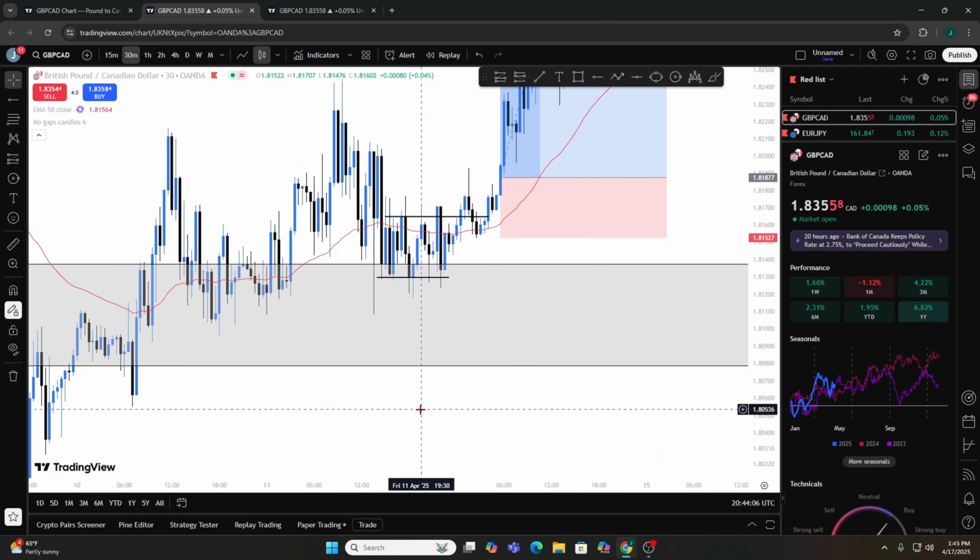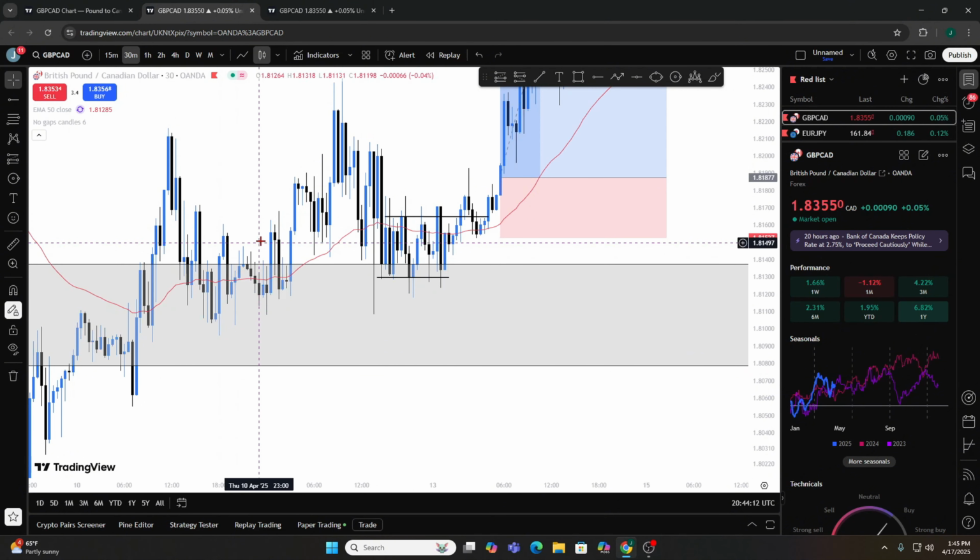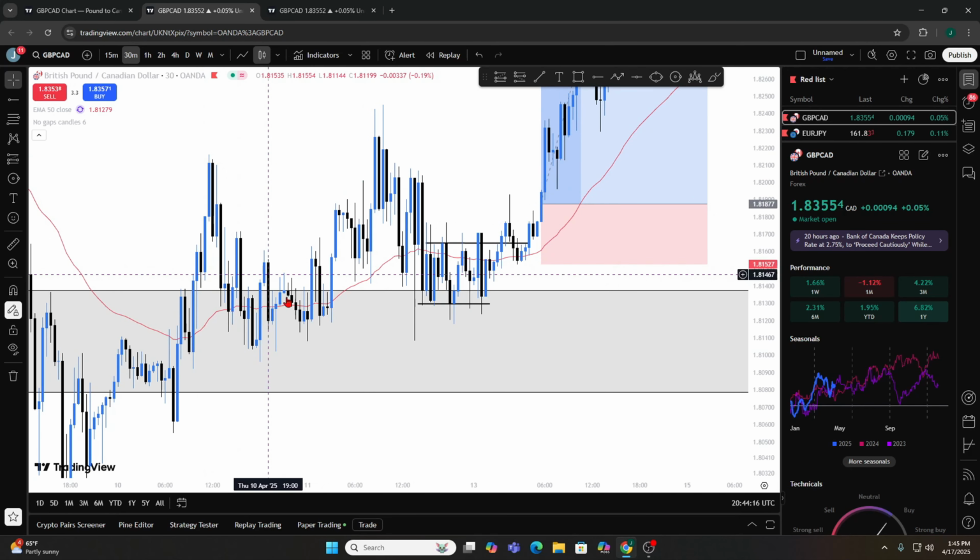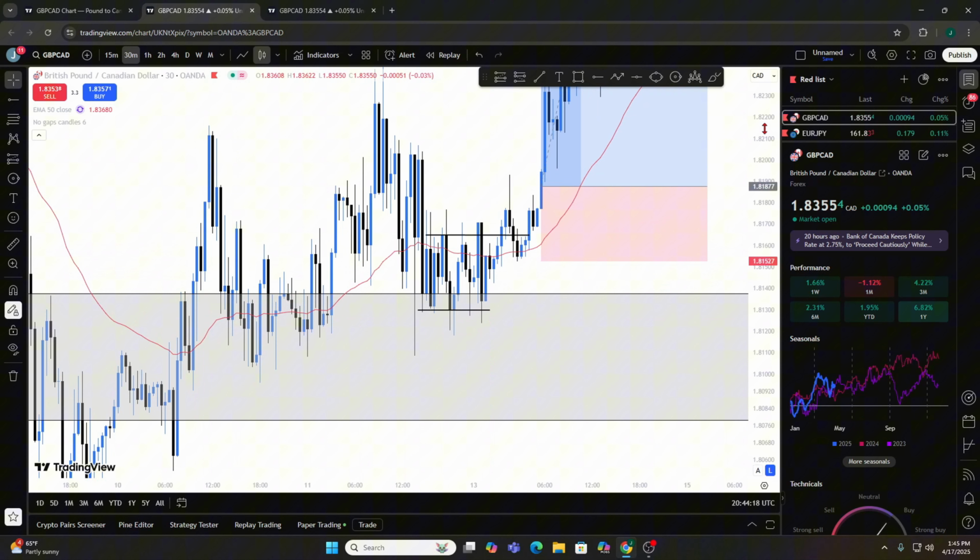We ended the week off with this being our lower low, this being our lower high. It does not look clean, but if you need to, you can go back to find out if you're bearish or bullish in here.